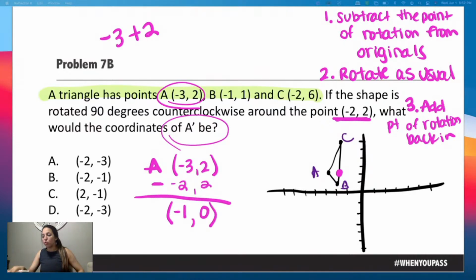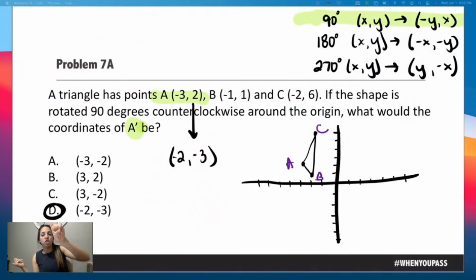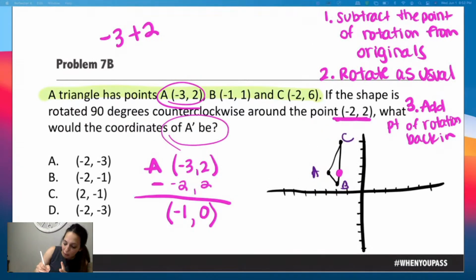Now I'm going to rotate as usual using the rotation rules from here. So it becomes -y, x. -y, well, 0 can't be negative, so 0, and then x.